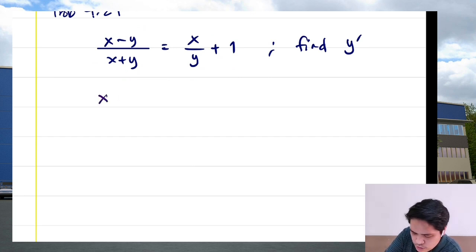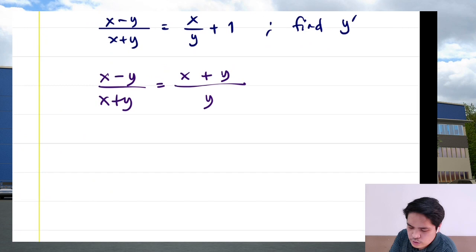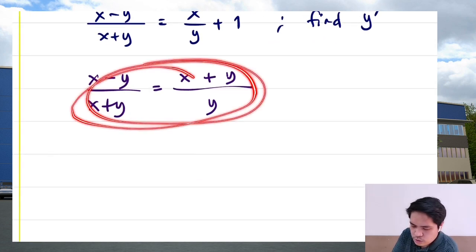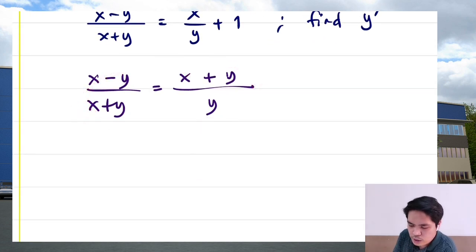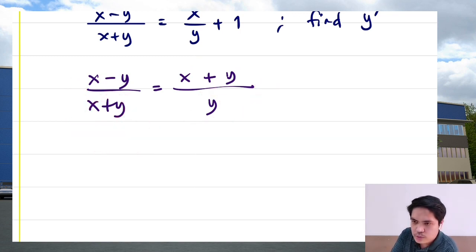So, we have x minus y over x plus y. Then, I'll just combine this. That would be y, x plus y in numerator. Then, eto siya, quotient pa rin. I don't like quotient rule kasi medyo complicated. So, cross-multiply ko lang to. I'll just transpose that to the other side so that we'll get y times x minus y.